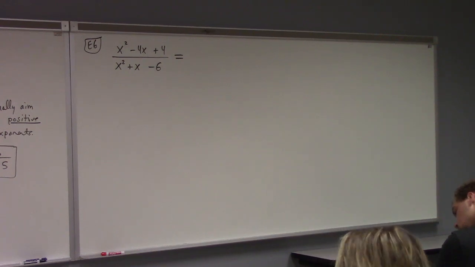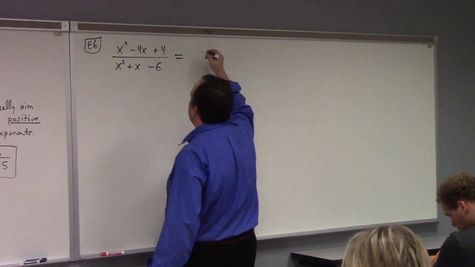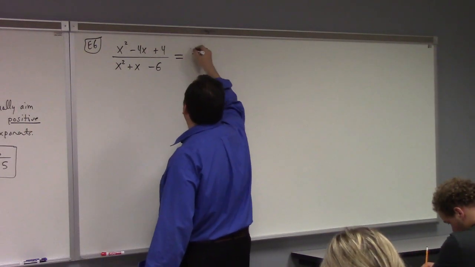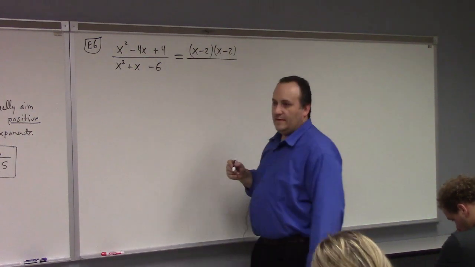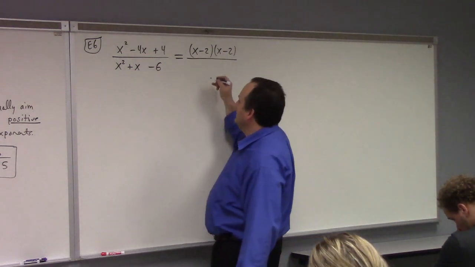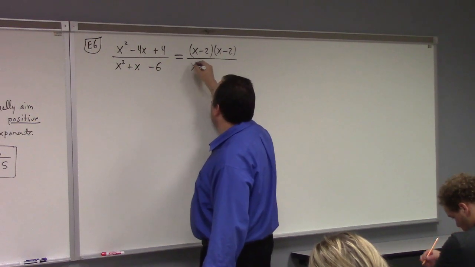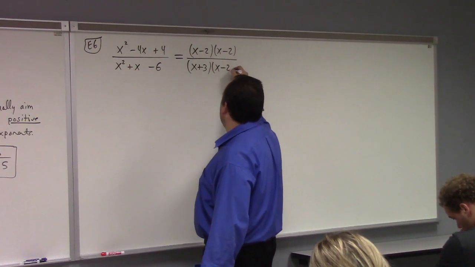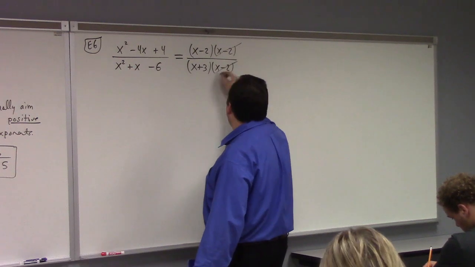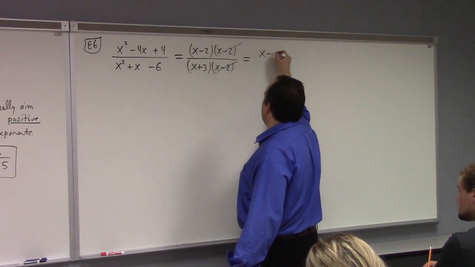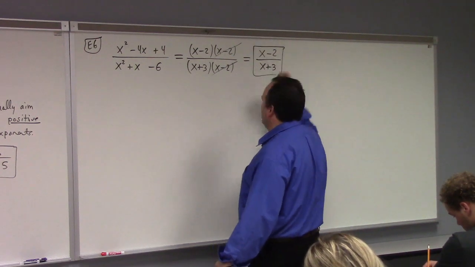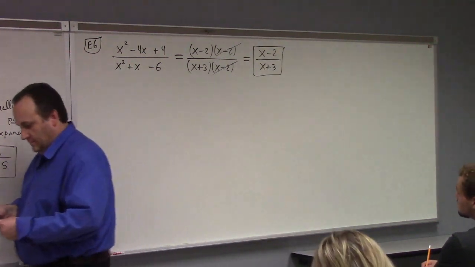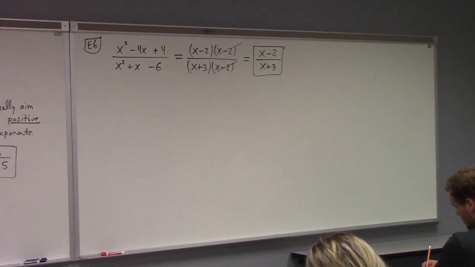What do we got? I think we've got x minus 2 times x minus 2. And then the denominator, we have what? So what can we do? And we get x minus 2 over x plus 3. Yay. Simplified.